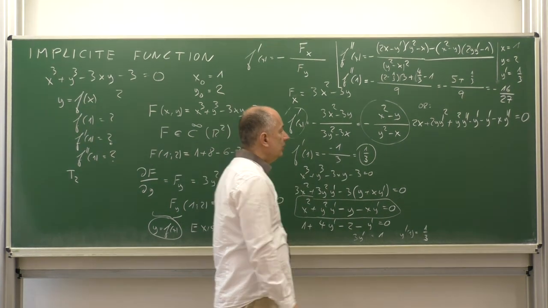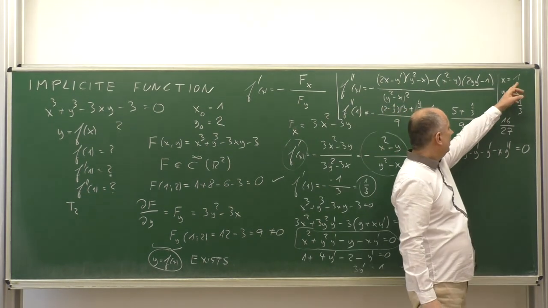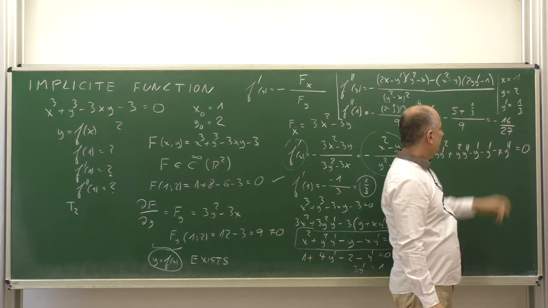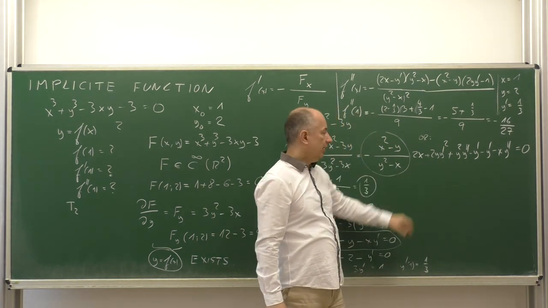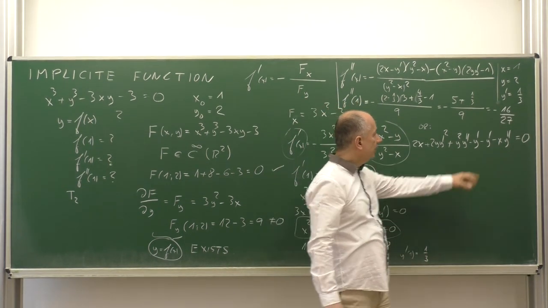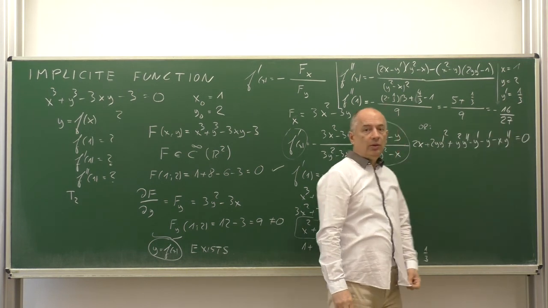Now, when we use these three values, 1 for x, 2 for y, and 1/3 for y prime, we can evaluate the second derivative. Let's do this and compare this result with our previous result.